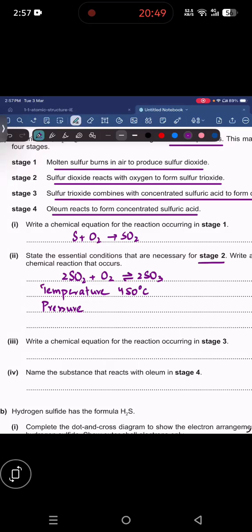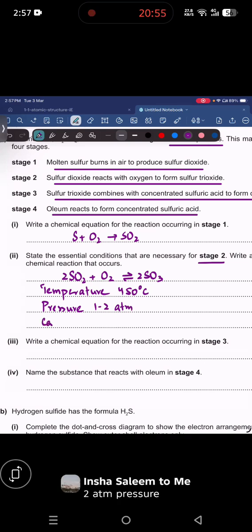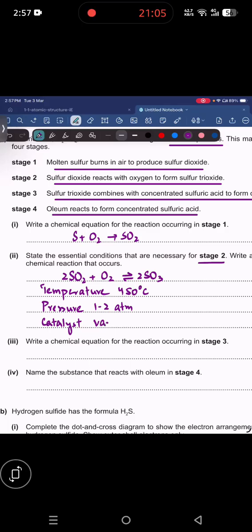Pressure is 1 to 2 atmospheres, and the reaction is a catalytic reaction. So the catalyst is vanadium pentoxide.